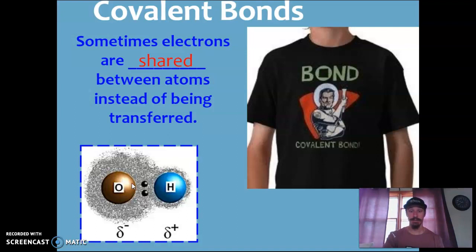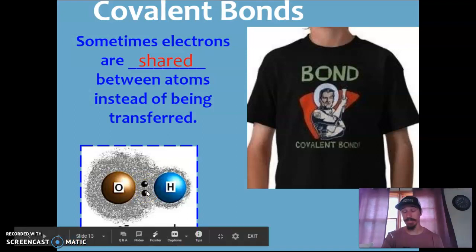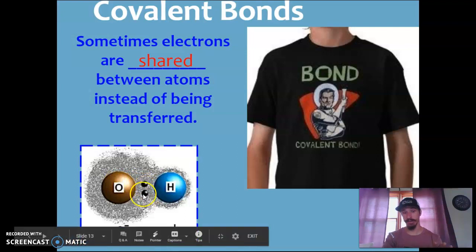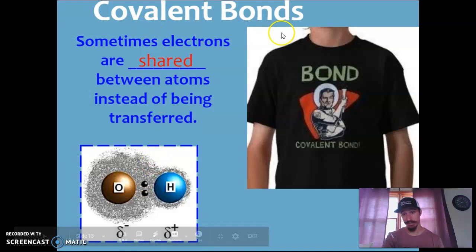But the electrons would not be completely transferred to oxygen. If we completely transferred these over, then we are going to have an ionic bond. But if we have some type of sharing of the electron, it doesn't have to be equal sharing. It can be unequal sharing, as we're going to find out. Then we have what's called a covalent bond.